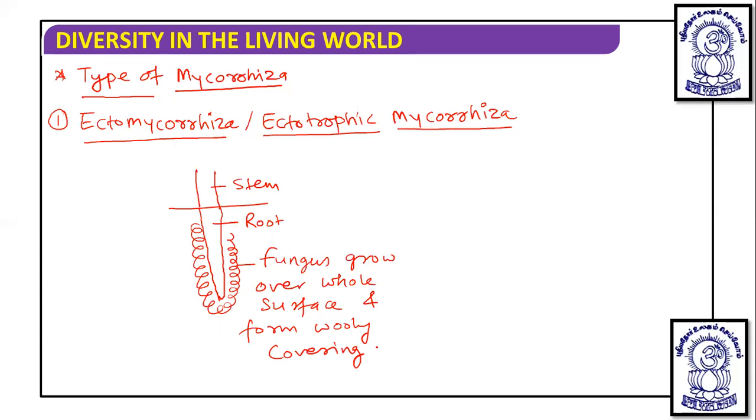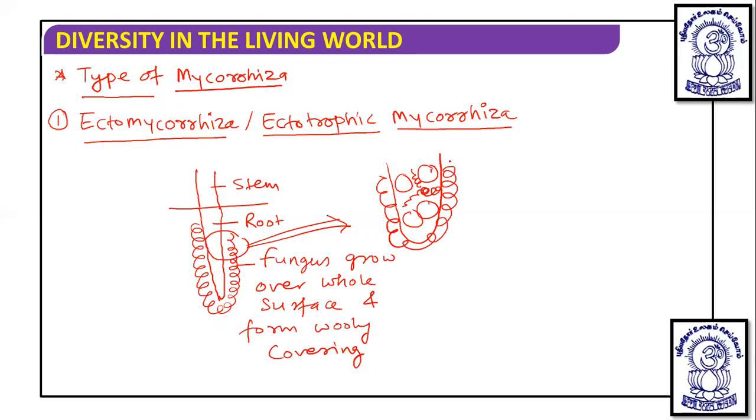Ecto means surface. It is growing on the surface. But if we look at this part in detail, the fungus is obviously growing on the surface of the root, but apart from that it also grows between the cells. Here these are the cells, and between the cells it also grows.